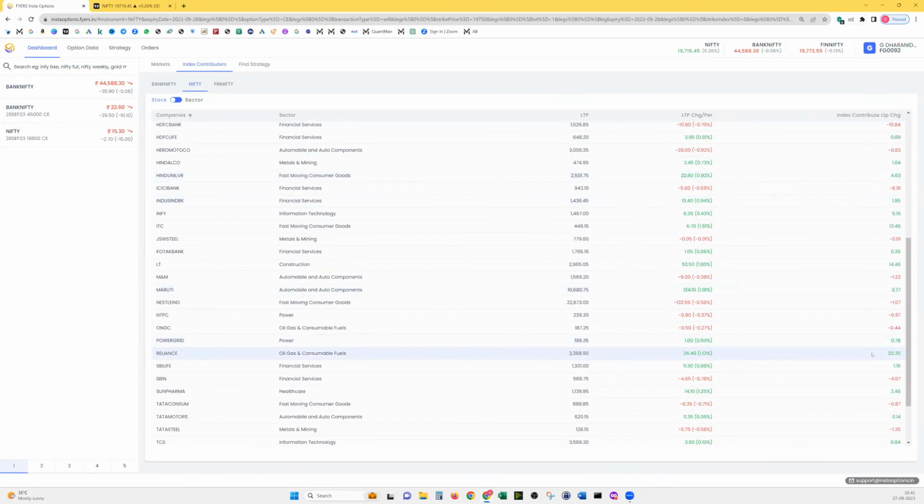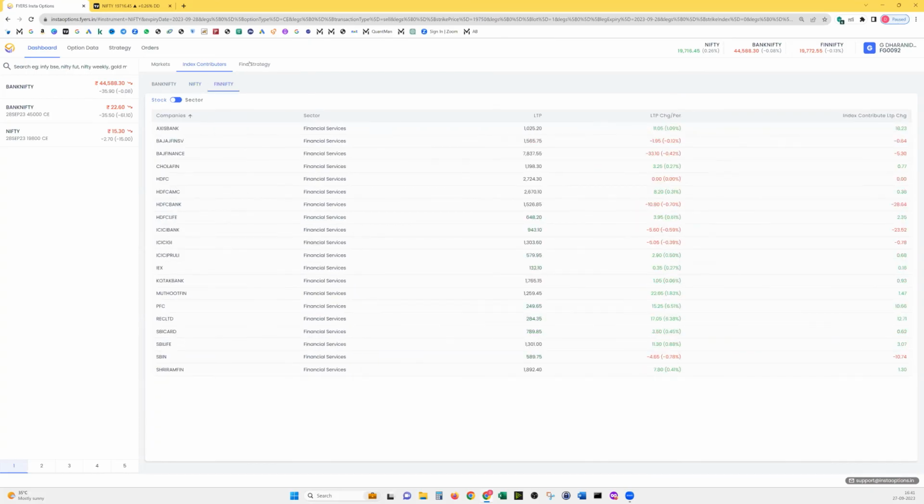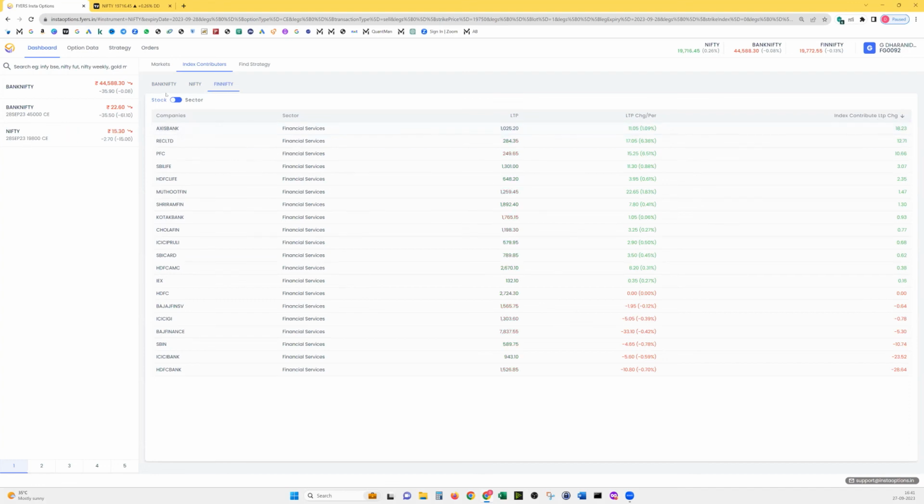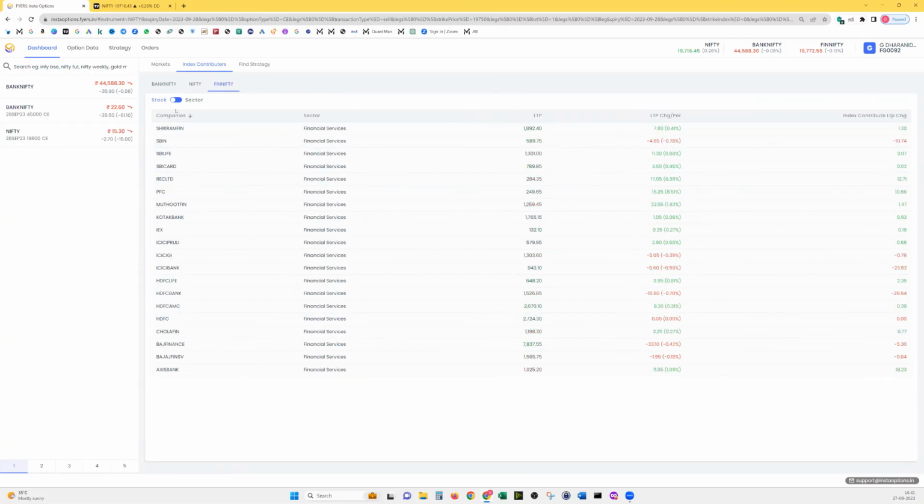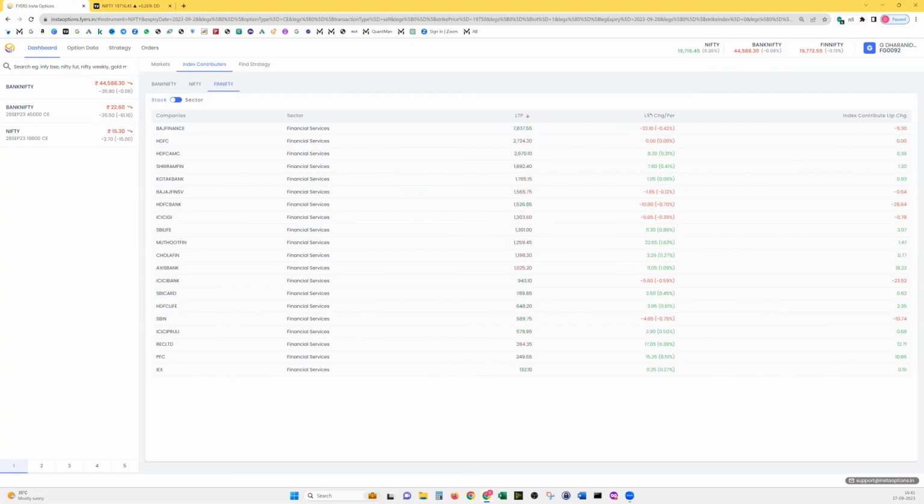It's going to be 20 points, which happened because of Reliance. So these are scripts which contributed how many points towards the index. You can sort it from over here, as well as sort it based upon companies and then based upon LTP.